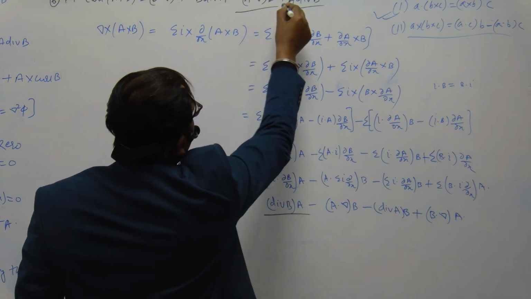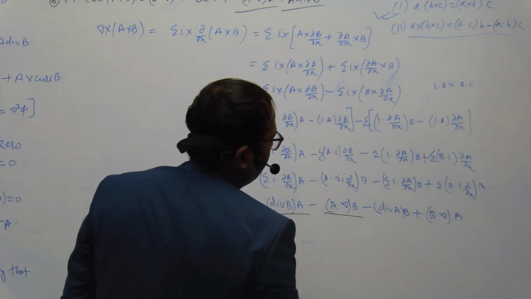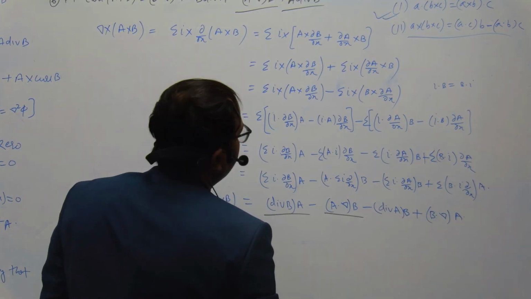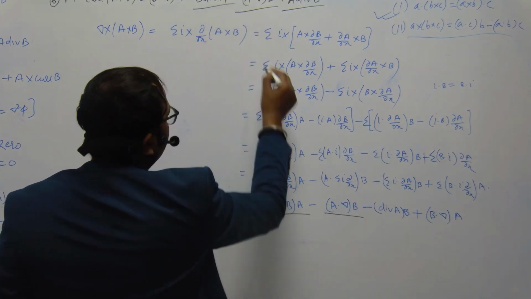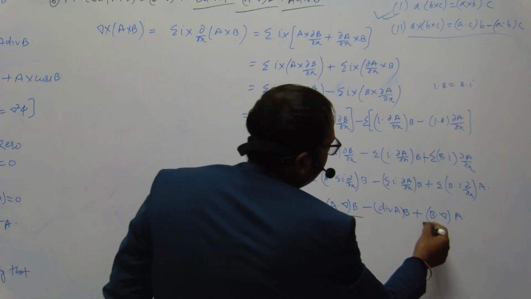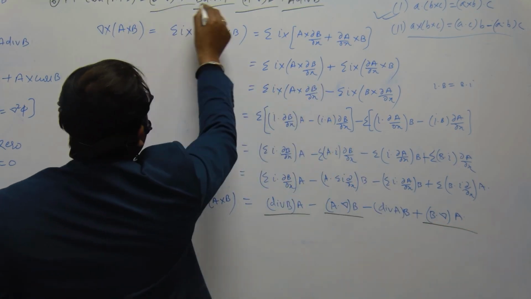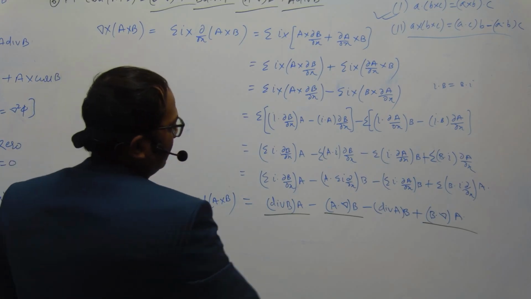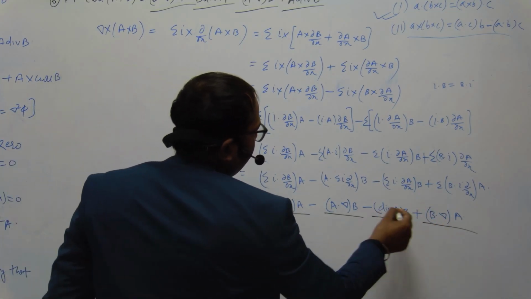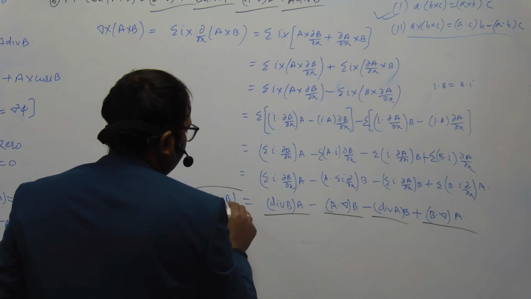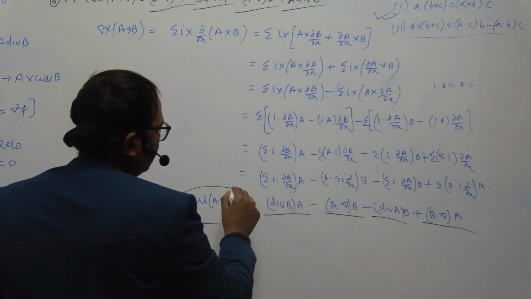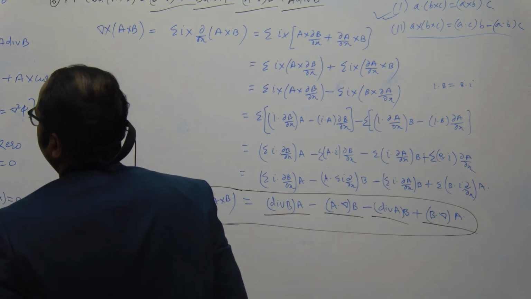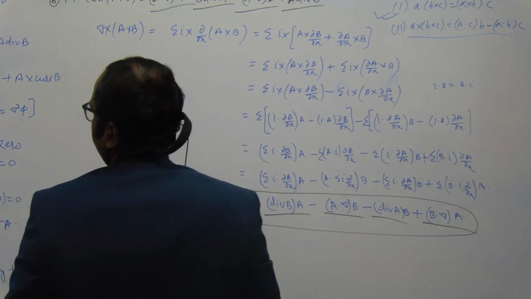Now we have minus divergence of a into b, and the last term is plus b dot del into a. All the terms we have received. So basically the curl of a cross b is given by this particular expression that is being asked in question number 6. Now let us discuss question number 7.